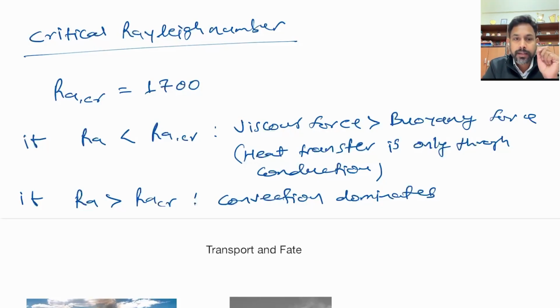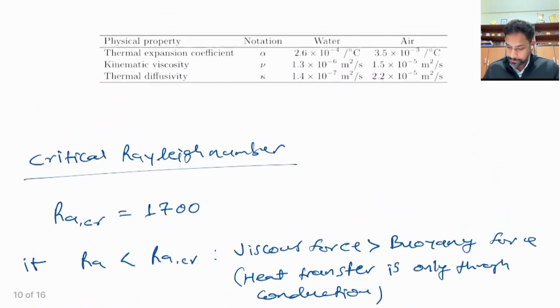If the Rayleigh number of the flow or heating is smaller than 1700, then there will be no convection. It will happen only through conduction because there is higher viscous force. If the Rayleigh number is greater than the critical Rayleigh number, then you will get convection.